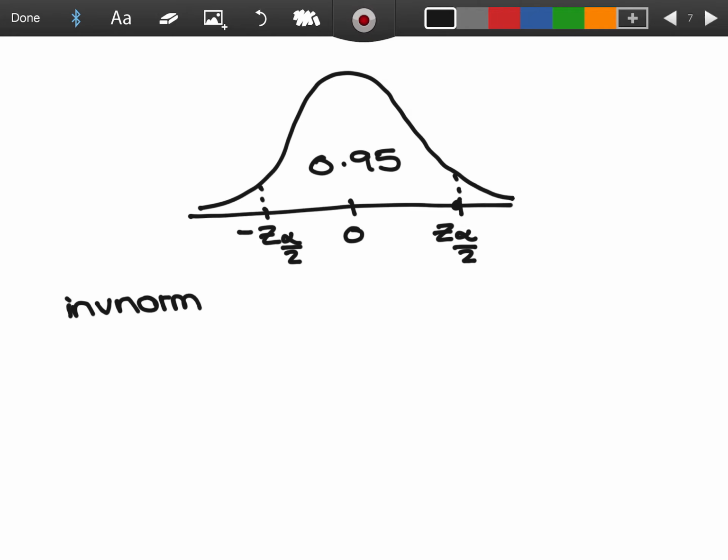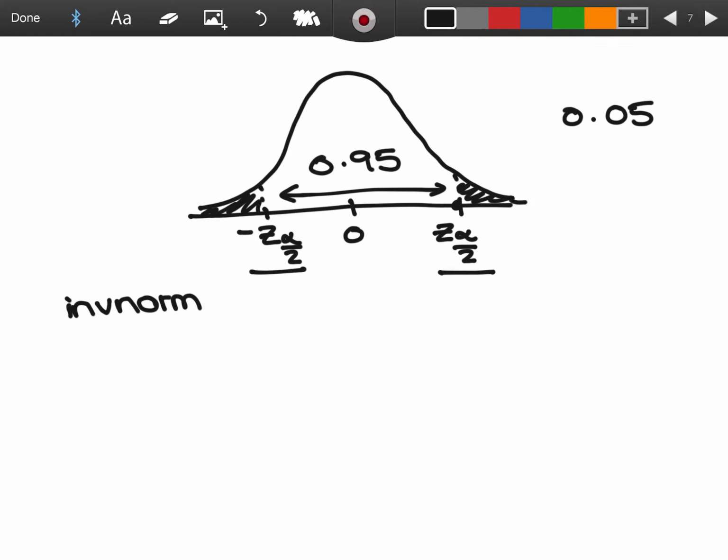looking for. Now, in this case, because they're always going to be symmetric, you're always going to get positive z of alpha over 2 is here, negative z of alpha over 2 is here. Okay, so that means, let's do this example here. If I've got 0.95 of my data lies here, I'm going to have 0.05 of my data lies here and here.